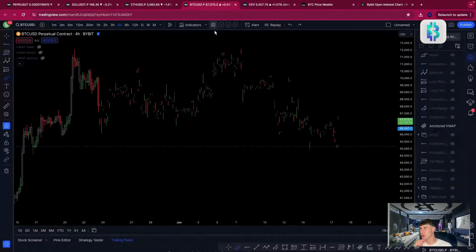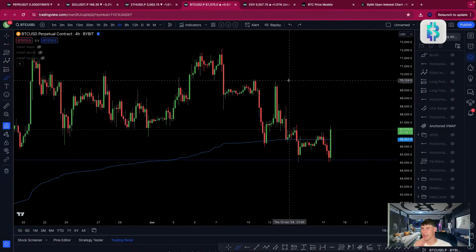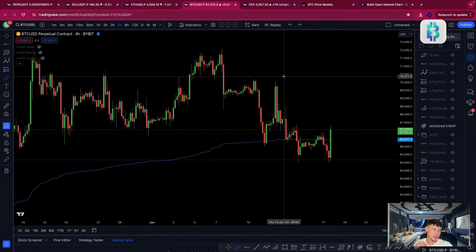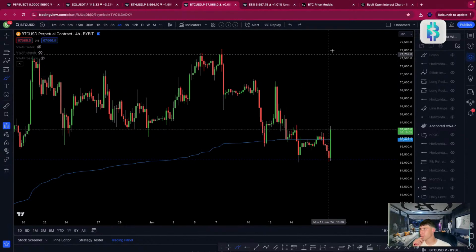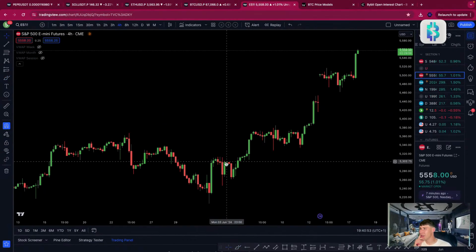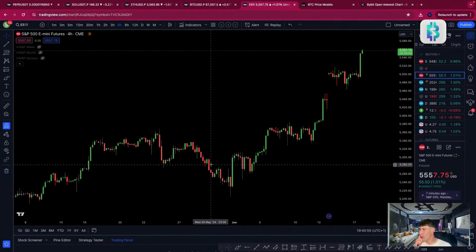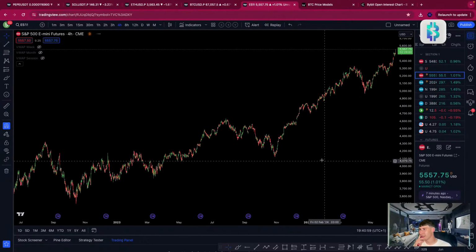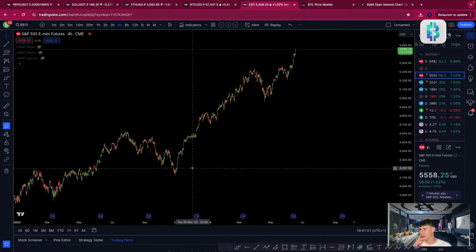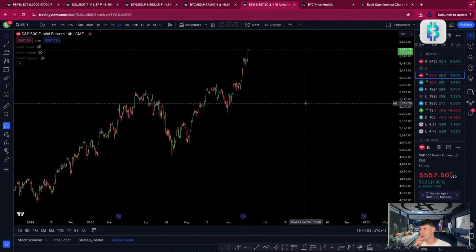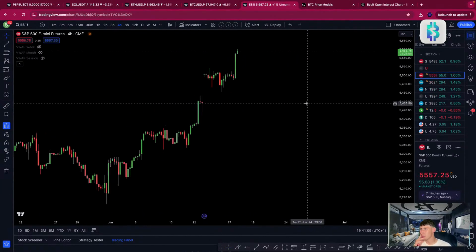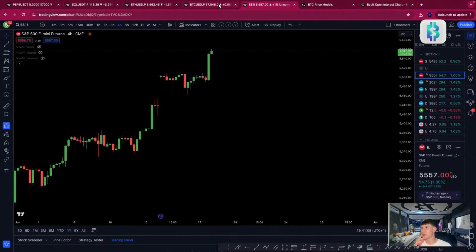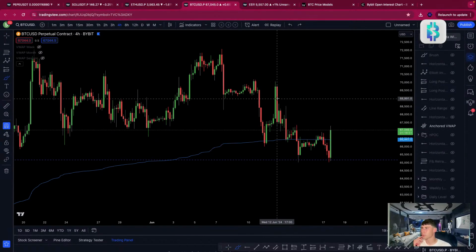That is good news for Bitcoin that the ES is just continuing to push higher. But man, look at it. It's just going and going and going. It's just never gonna stop, is it? Of course, this is great news for Bitcoin, like I said.